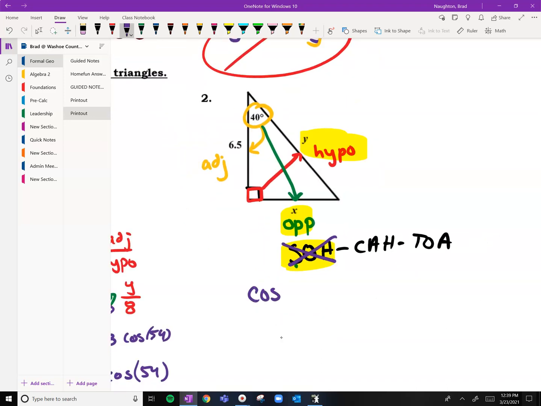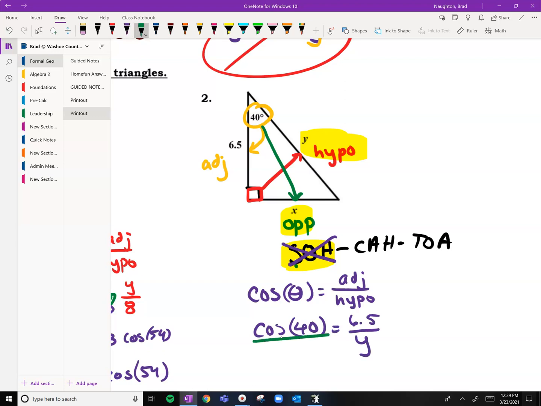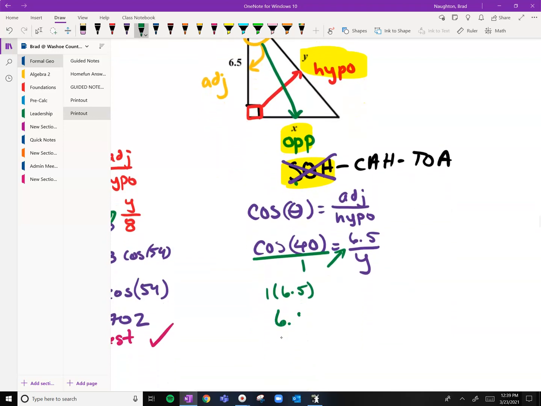So I'm going to do cosine of my theta is adjacent over hypo. And so I'm going to get cosine of 40 degrees is 6.5 over y. So we're going to put this over 1, cross multiply. So 1 times 6.5 is going to give us 6.5.